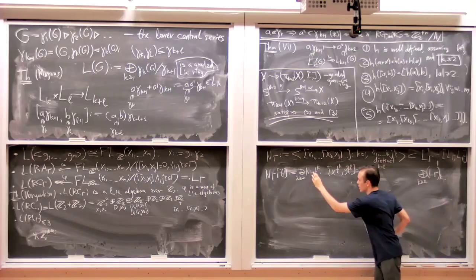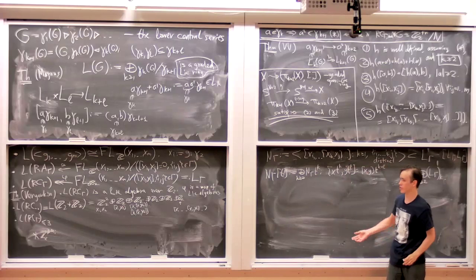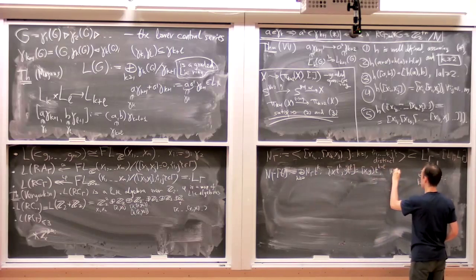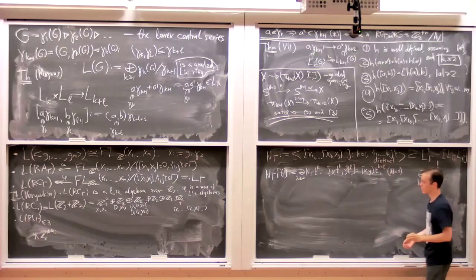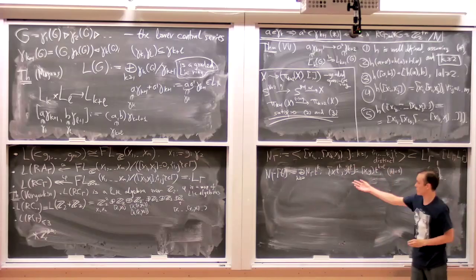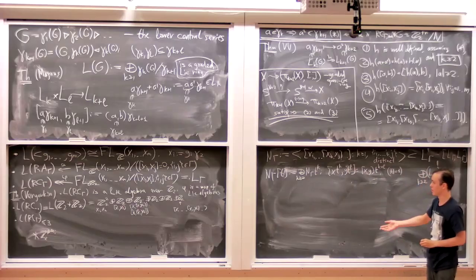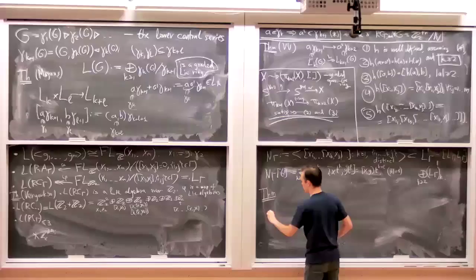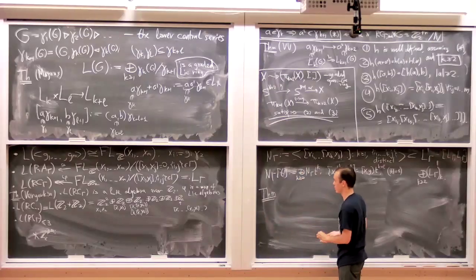This indeed induces a graded Lie algebra structure on this polynomial ring. I want also T to have degree 1. So this is a well-defined graded Lie algebra. And our theorem is that this is actually an approximation to our Lie algebra L of RC gamma.